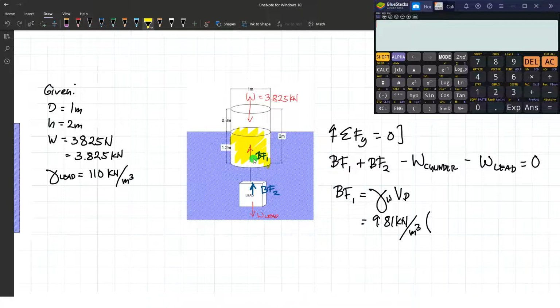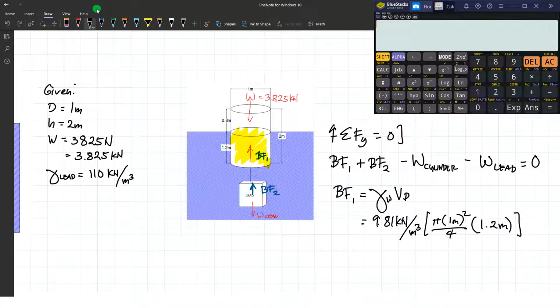The volume is, we have diameter, so area times height, area of the cylinder, pi d squared over 4, so pi times 1 squared over 4, that's the area, multiplied by the depth, 1.2 meters. So this is the volume displaced.